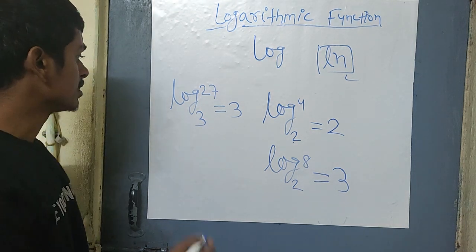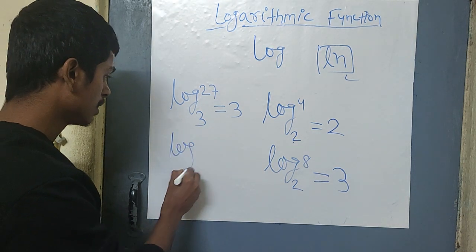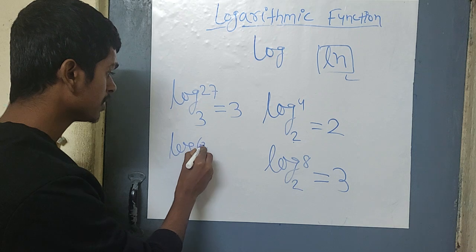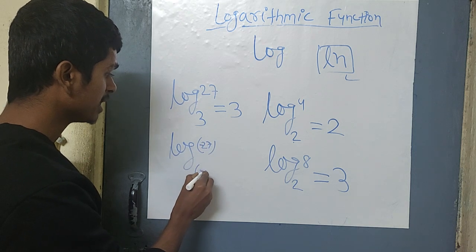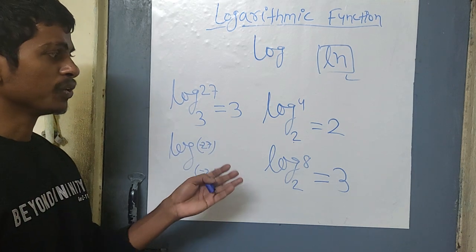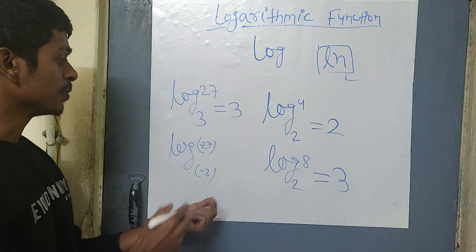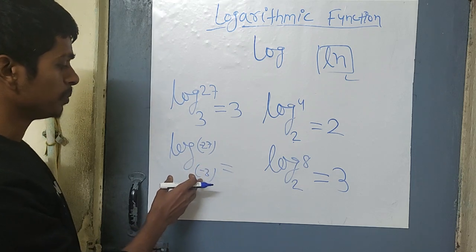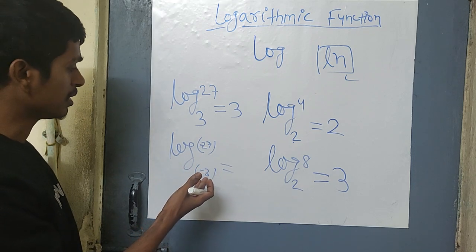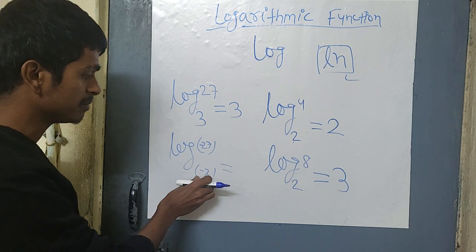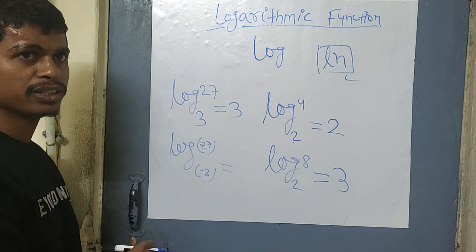Before that, just see log of minus 27 with base minus 3. Till now you have seen what log does, so you can say easily that you will do the power of 3 on this minus 3, so you will get minus 27.